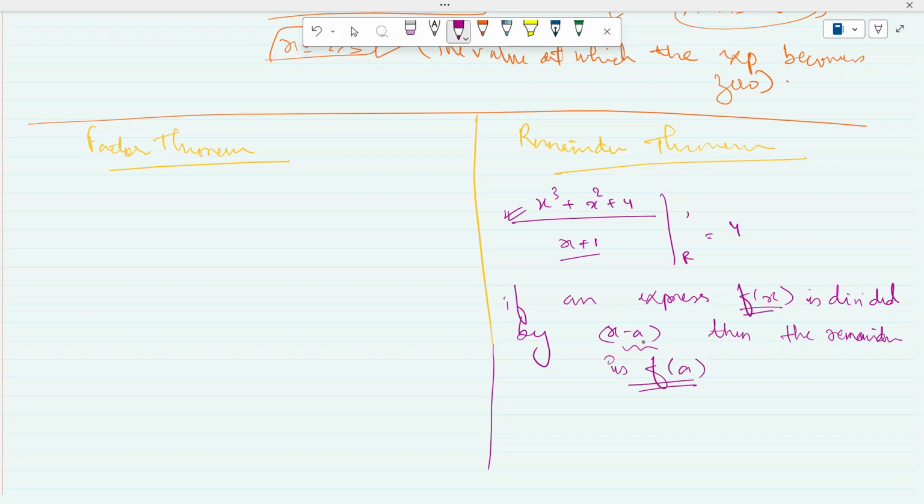Basically, if we put this number a in it, then we will get the remainder. So this is basically the remainder theorem.